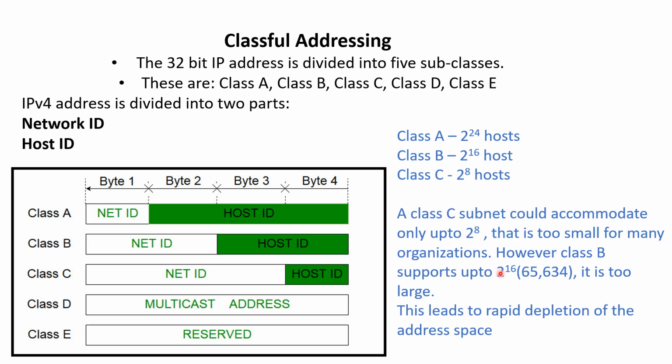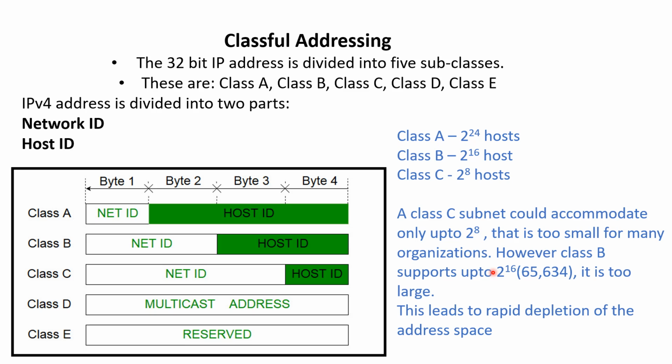In such situations, we are forced to take 2 raised to 16 host addresses, but most of the IP addresses will be wasted or unused. This is the drawback of classful IP addressing.